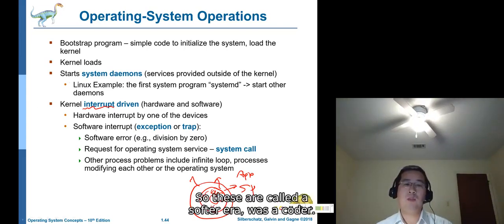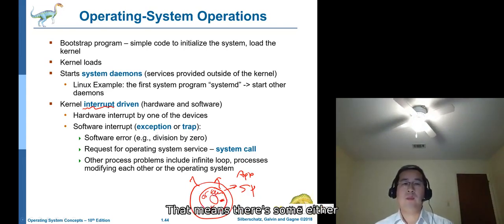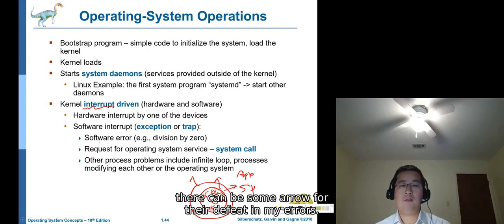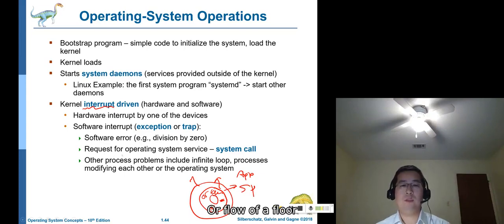So this is called a software error, also called an exception or trap. For this software type, there can be software errors, for example, dividing by zero, or overflow. Okay. And the request for operating system service is very common.